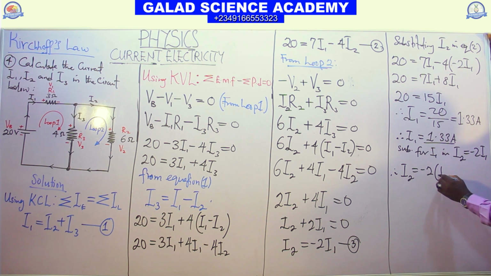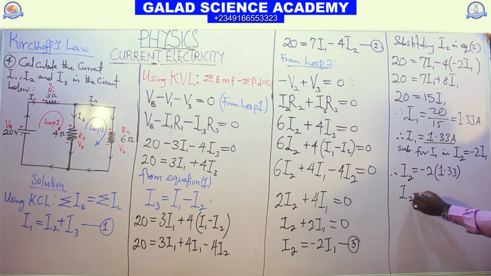I1 is 1.33. This gives us minus 2.67 ampere.